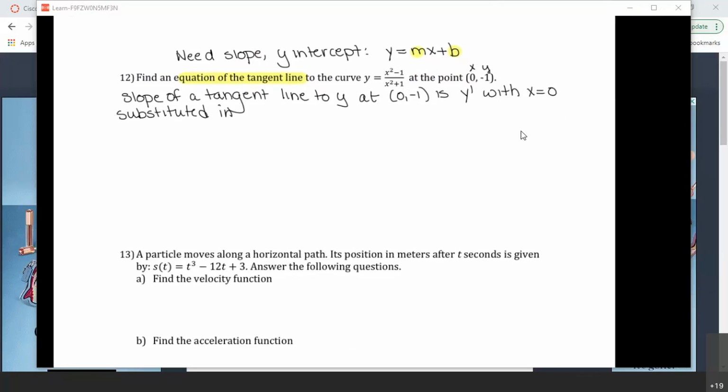Okay, so let's do that. If I were going to differentiate y, how would you find y prime? Just tell me in words, how would I find y prime? And I meant that's a single quote, not a double quote.